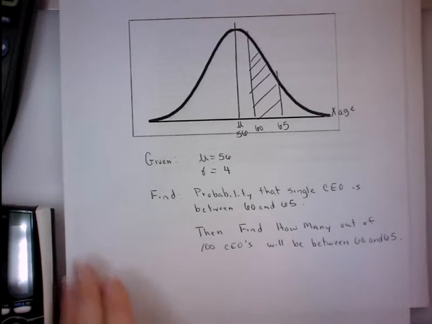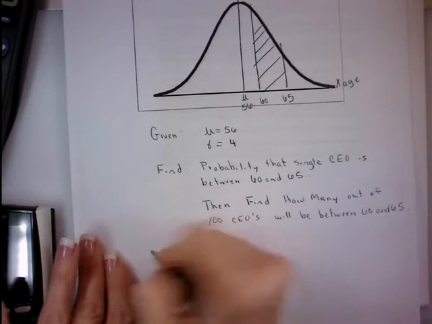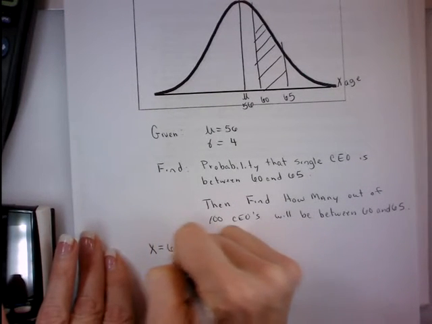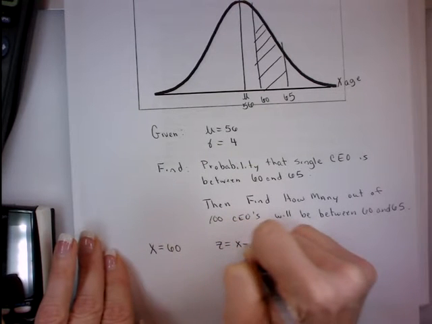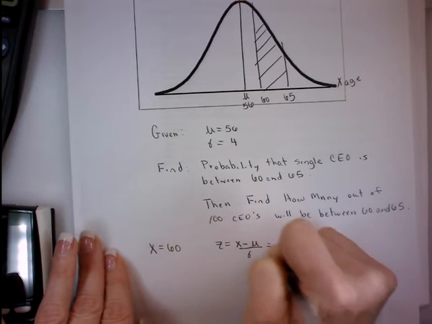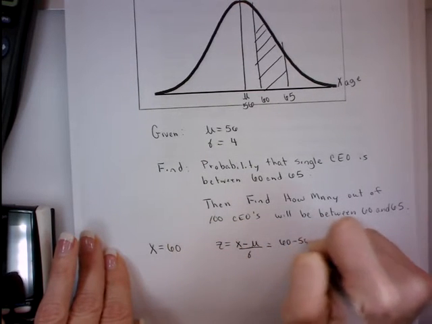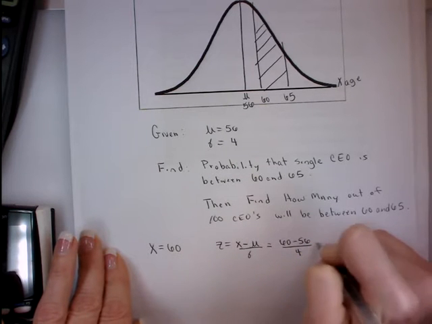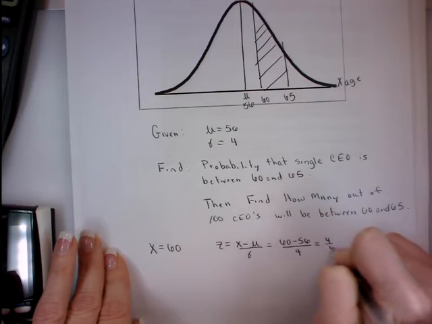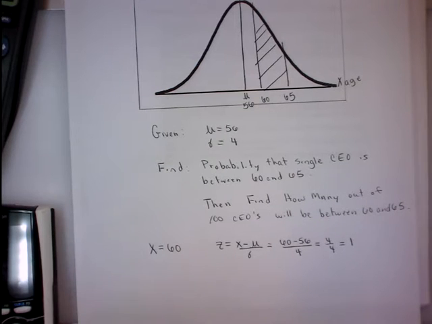We need the z-scores for both of those. So the CEO that's 60 has a z-score of 60 minus 56 divided by 4, which is 1. So the person that's 60 is one entire standard deviation above the average age of 56 years old.